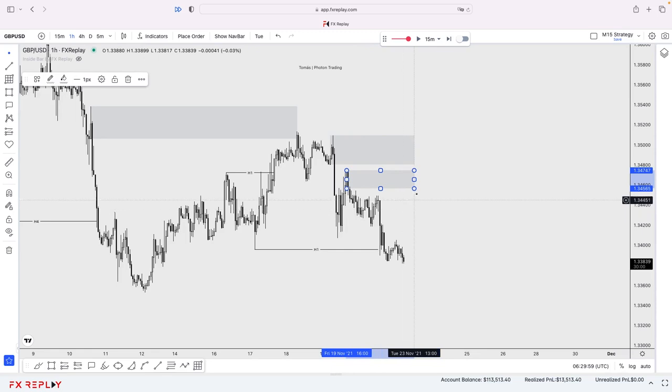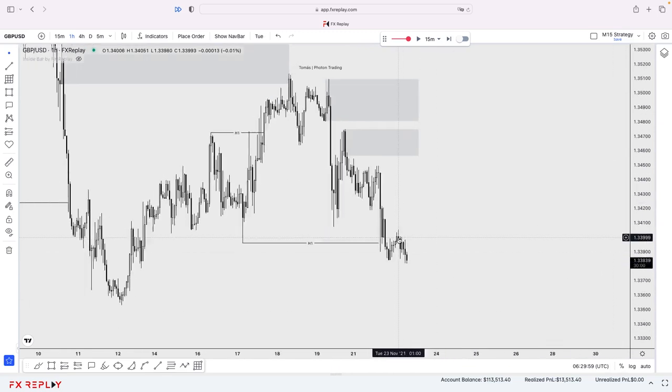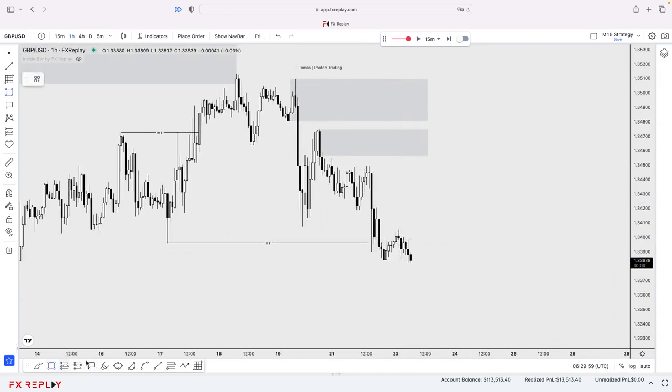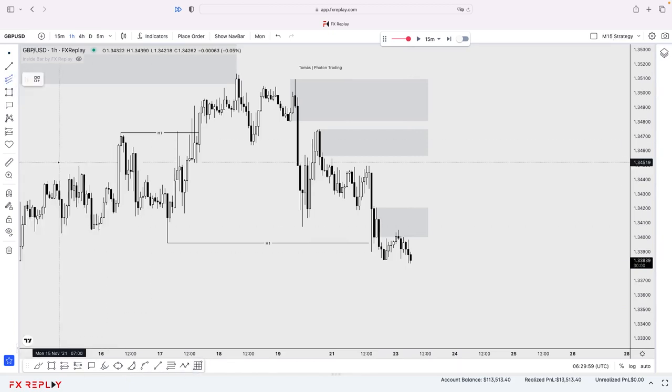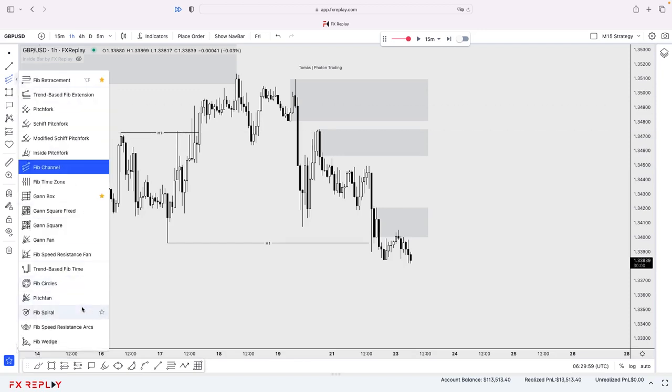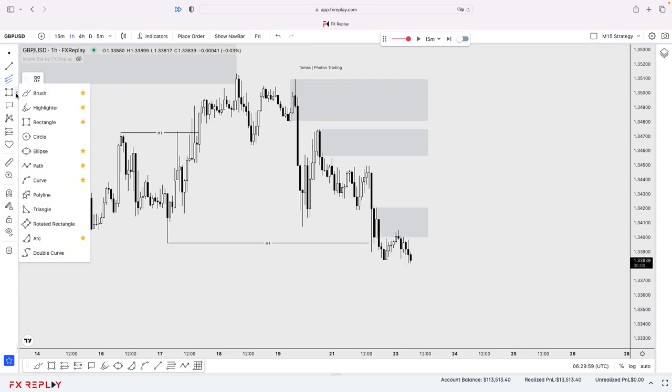This can easily be used as inducement. And we have this one as well, even though it's already mitigated. Let me see if it's mitigated to the EQ. I don't know where it is here. Just a minute, guys.